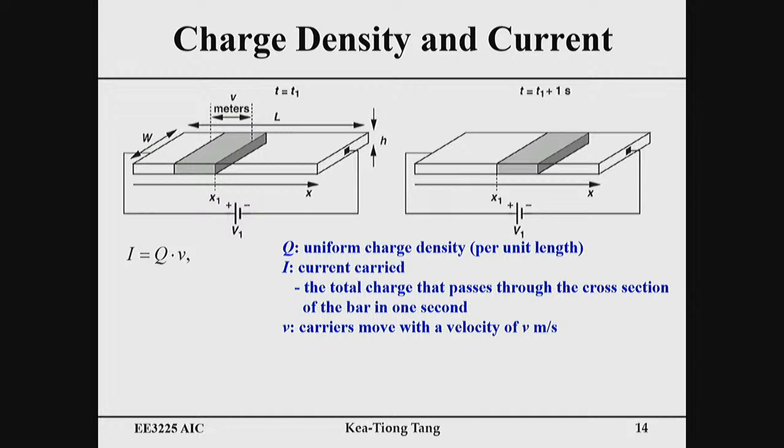If the velocity of the carrier, which is the electron in this case, is v, the unit of velocity is meter per second. In a unit time, how far can this carrier go?